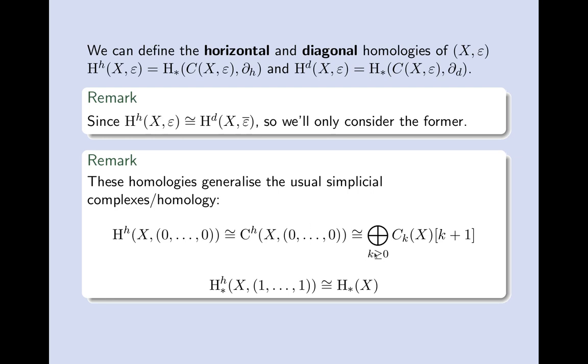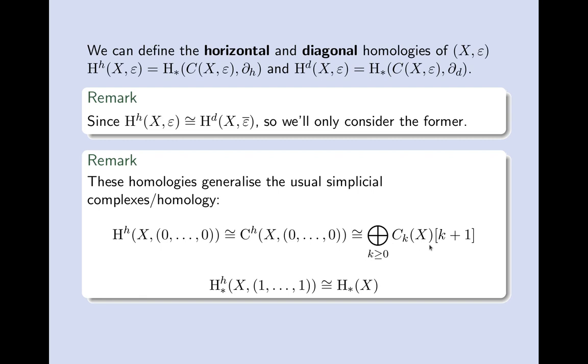So in this case, the horizontal complex with the all-white coloring coincides with the simplicial chain complex for X, but with a little difference.